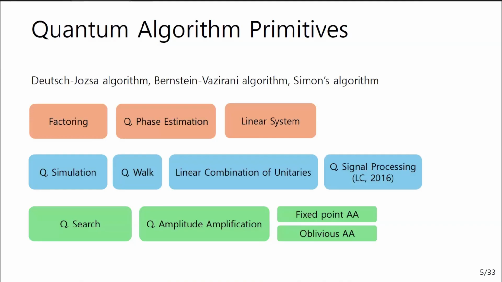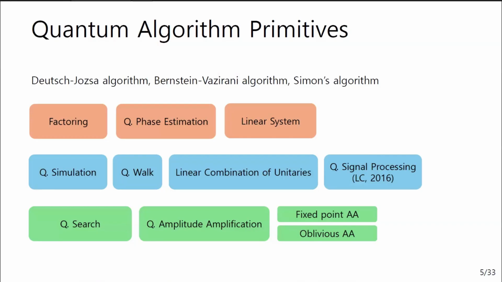In 2016, the concept of QSP, quantum signal processing, appeared in Low and Chuang's paper, Hamiltonian simulation by qubitization. It contained the optimal Hamiltonian simulation algorithm.